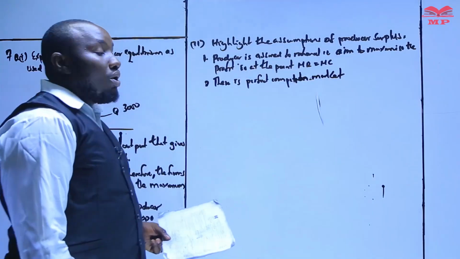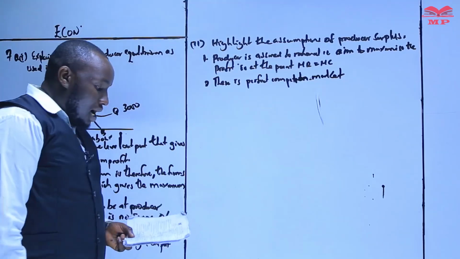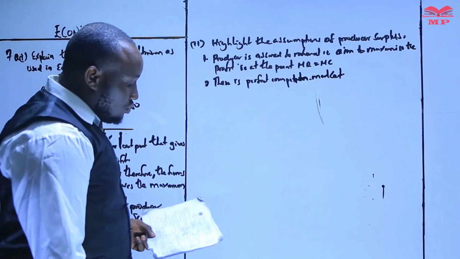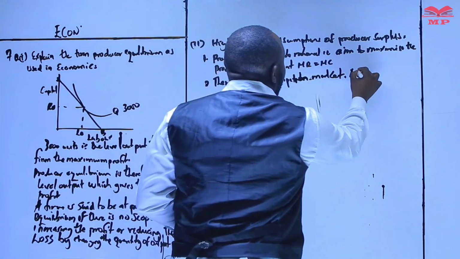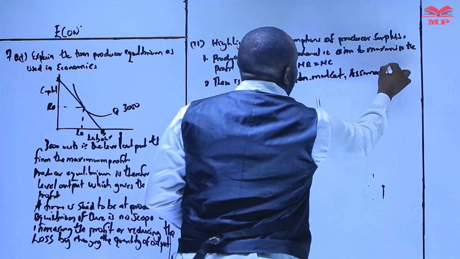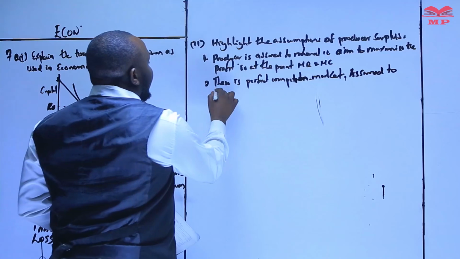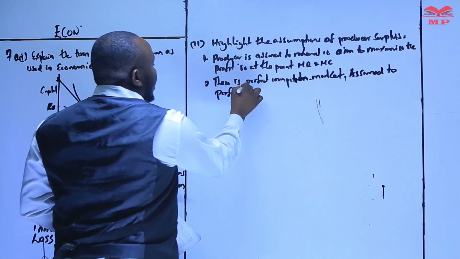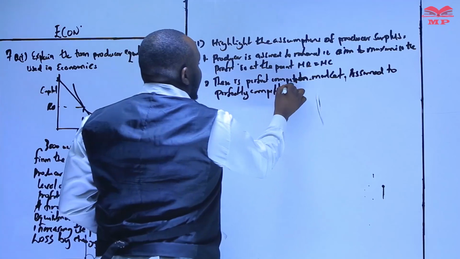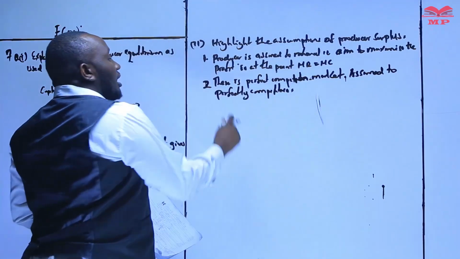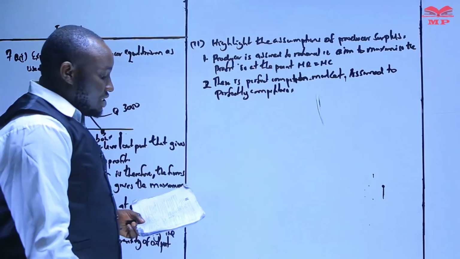We know how a perfect competition basically works, and we say the producer is assumed to be perfectly competitive.